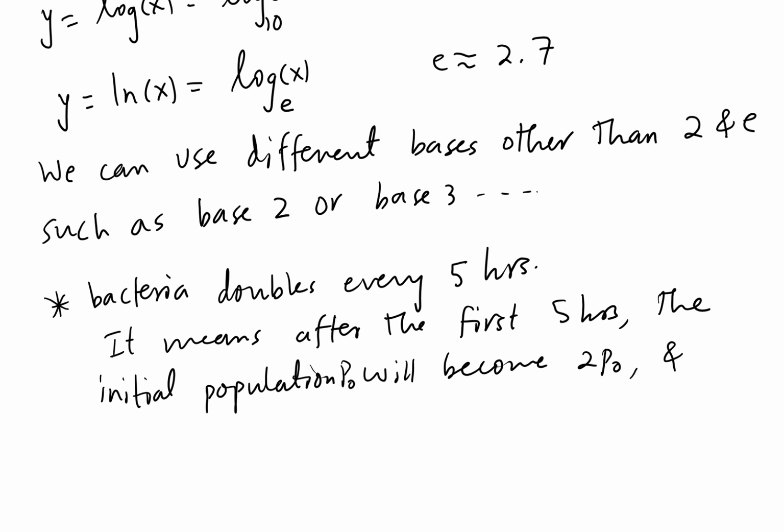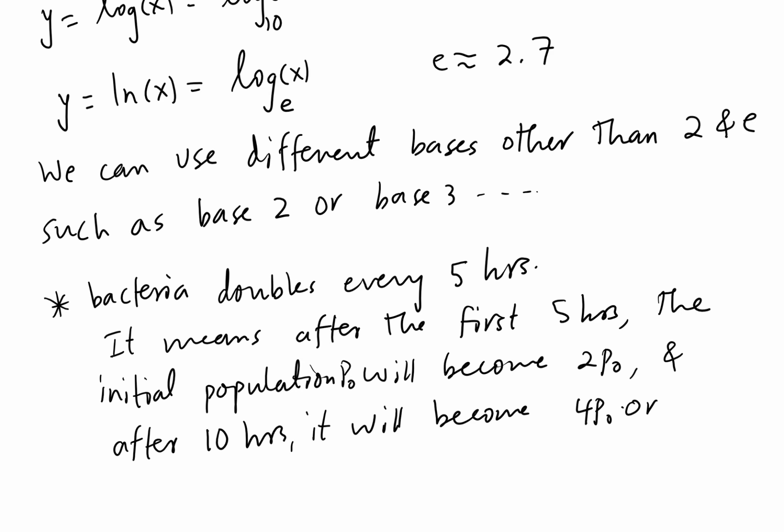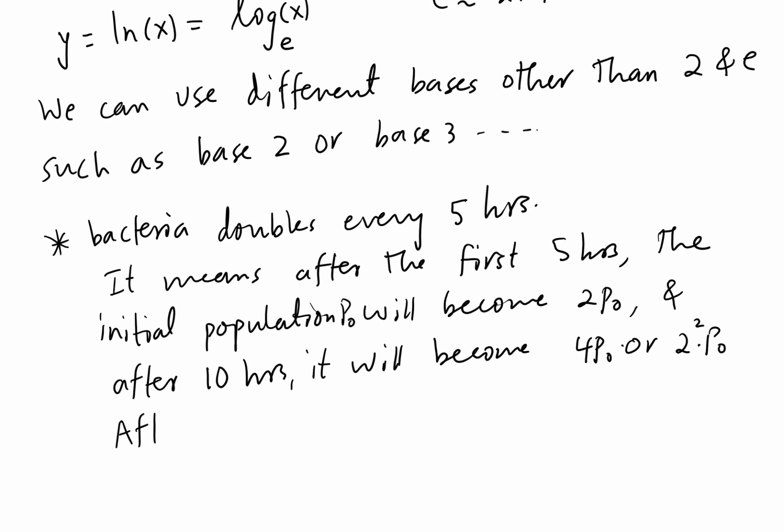And after 10 hours, it will become quadrupled, 4p sub 0, or you can say 2 squared p sub 0, because 4 is 2 squared. After 15 hours, it will become 2 to the third times p sub 0.